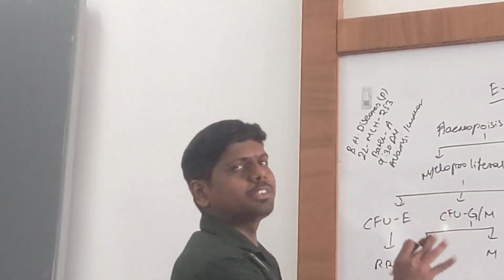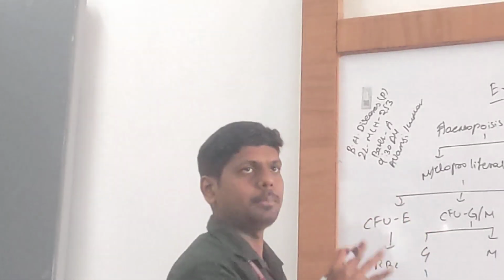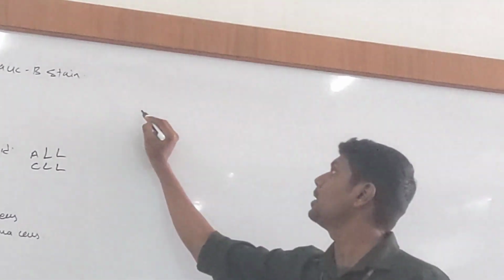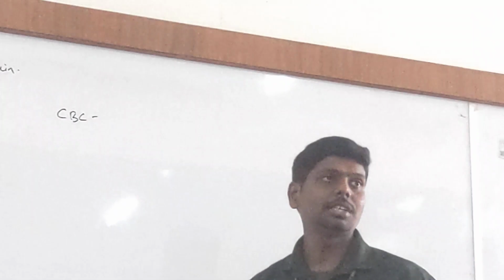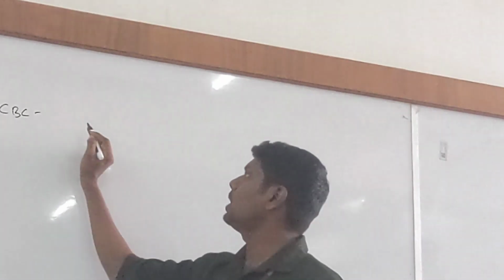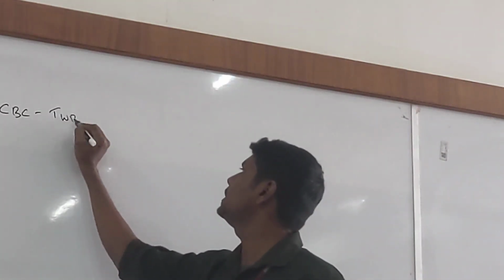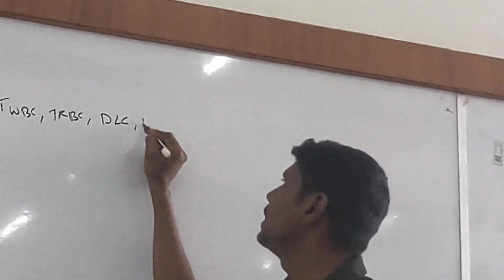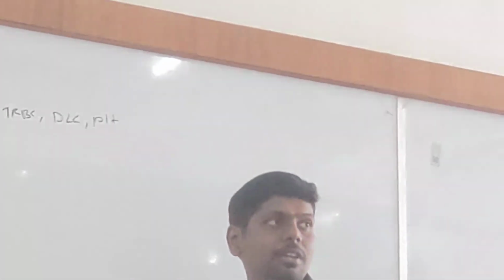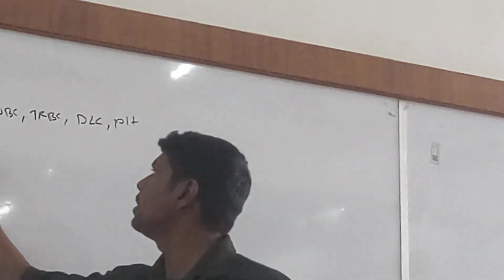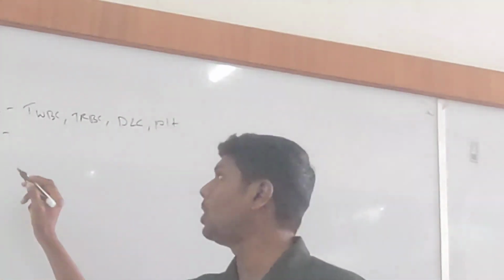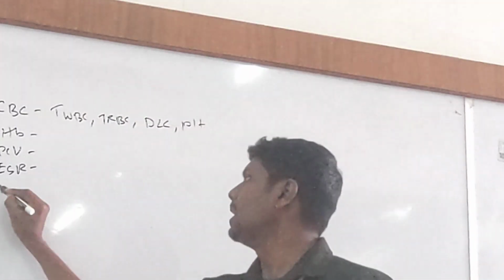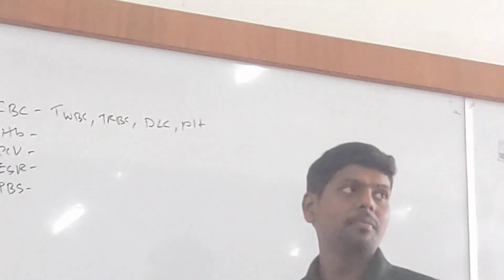Then tell me what tests we can perform to identify leukemias in a patient. Classically we will go with normal tests. First we will perform CBC. In CBC, what tests will be covered? TWBC, TRBC, DLC, and platelet count. Apart from this you have HB count, and what other lab tests will you perform? PCV, ESR, then peripheral blood smear, PBS.